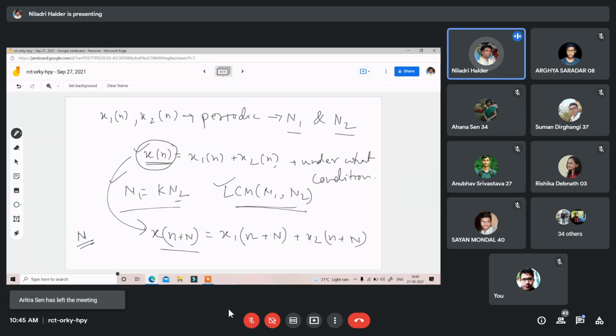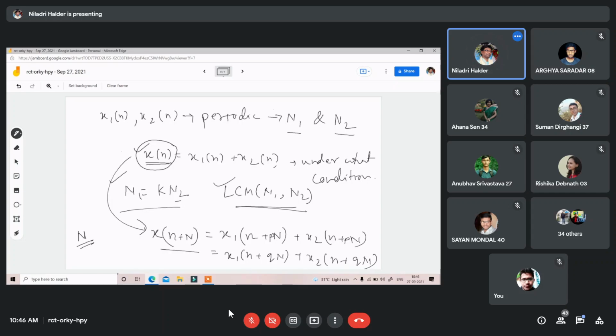For p number of samples, we can write like that. Similarly, for q number of samples, x1 n plus qN plus x2 n plus qN, we can write like that because periodic. So for each and every value of p or q, it will be the same.